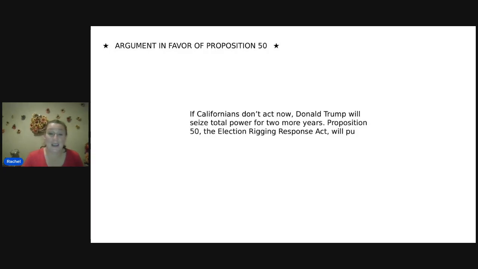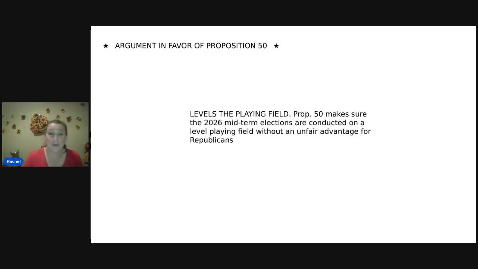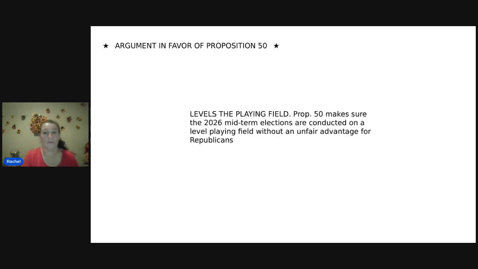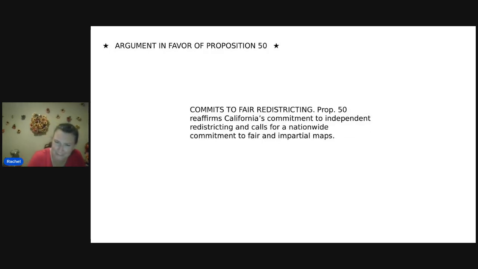Proposition 50, the Election Rigging Response Act will... oh no, I did that again. I apologize, as I put our democracy in danger. Levels the playing field. Prop 50 makes sure the 2026 midterm elections are conducted on a level playing field without an unfair advantage to Republicans, because, you know, nothing says a Republican state like California.